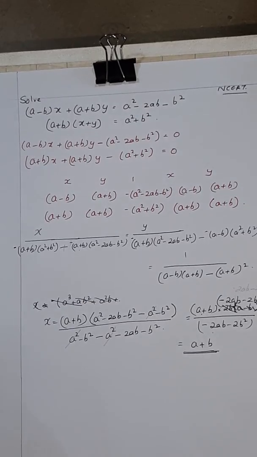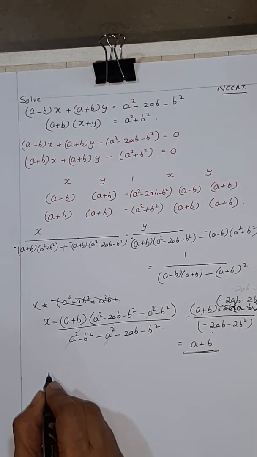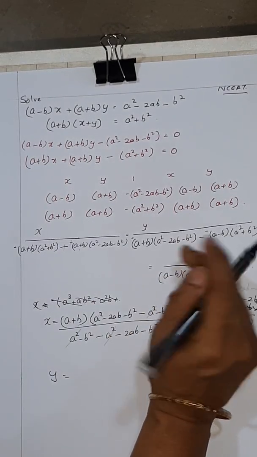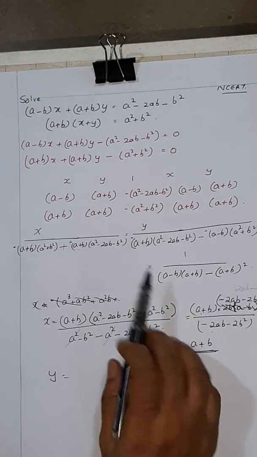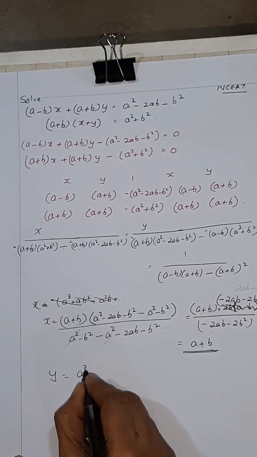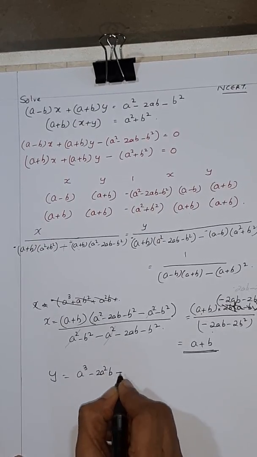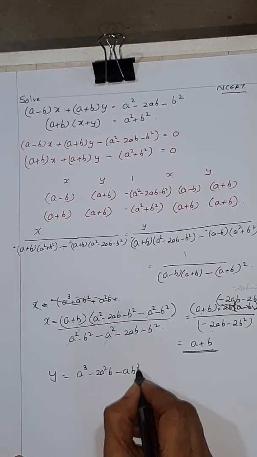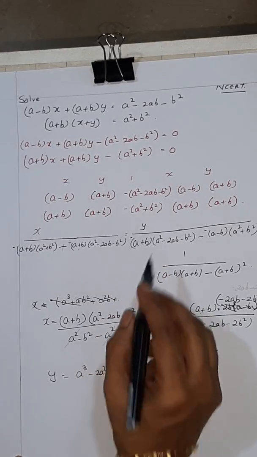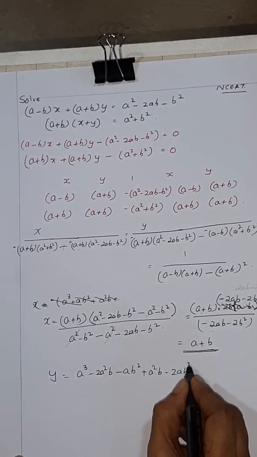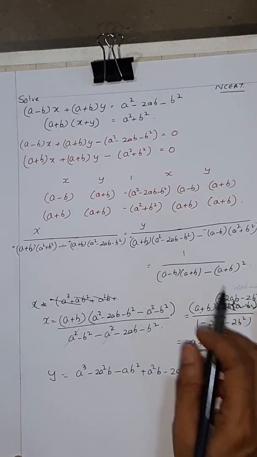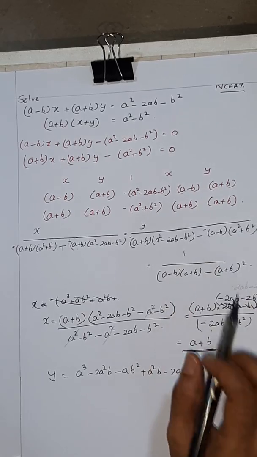Now we have to find the value of y. So y is equal to, again bring this to the numerator. So here it will be a plus b, so a cube minus 2a squared b minus ab squared plus a squared b minus 2ab squared minus b cube, then minus and minus will become plus.